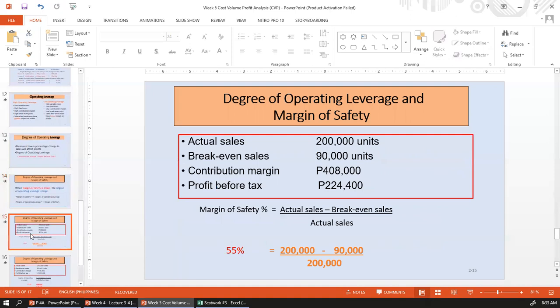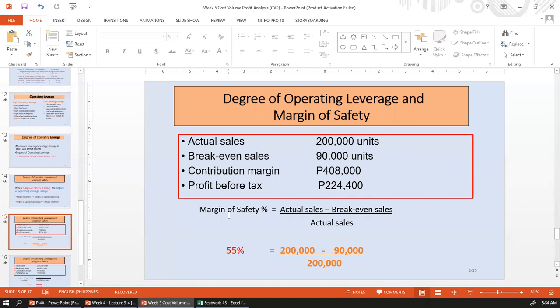So let's have one example. Okay. In this case, our actual sales is 200,000 units. The break-even sales is 90,000 units. The contribution margin is 408,000 pesos, and profit before tax is 224,400.